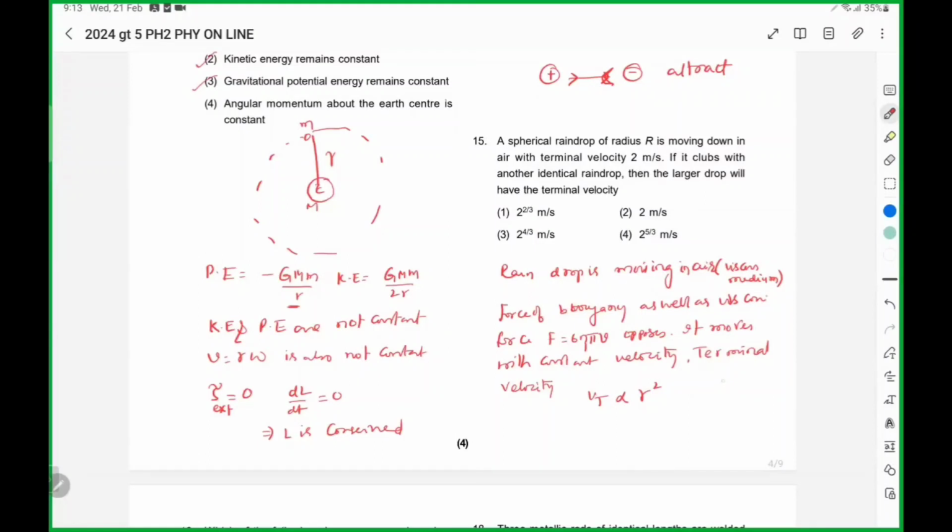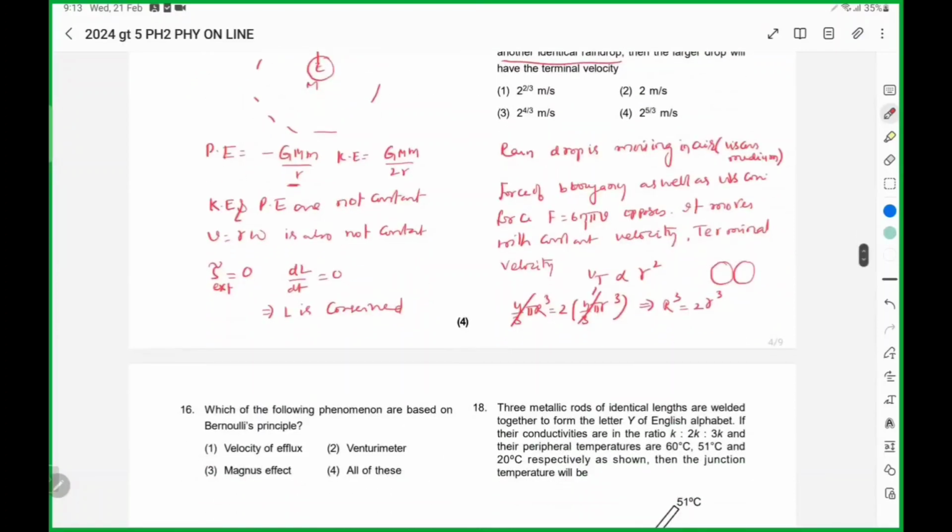If it combines with another identical drop, so two drops are combined, then the volume of the bigger drop is 2 times the volume of the smaller drop. So R cube is 2 times r cube.